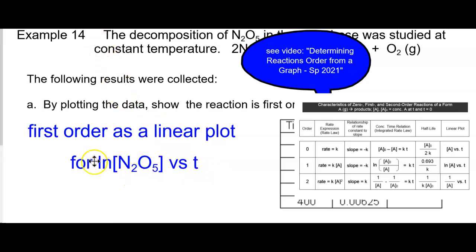If this was zero order, you'd say zero order has a linear plot for concentration versus time, and if it was second order, you would say second order has a linear plot for inverse concentration versus time. However, this is first order, so we would say first order has a linear plot for natural log of concentration versus time.